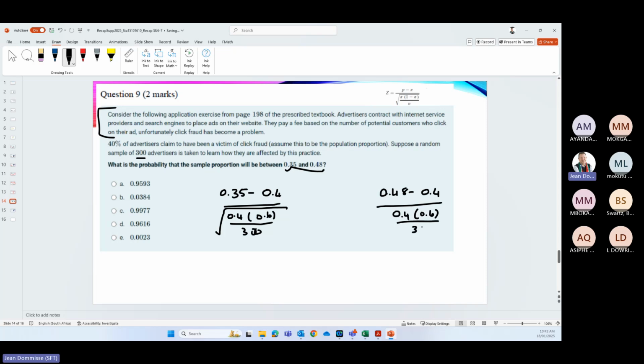And then if I quickly just do this, you can see the one side is going to be negative, the other side is going to be positive. So we want to get a value for the probability between those two. So if I look at this, no, it's too difficult to really call.